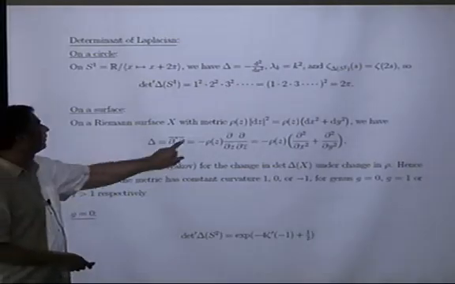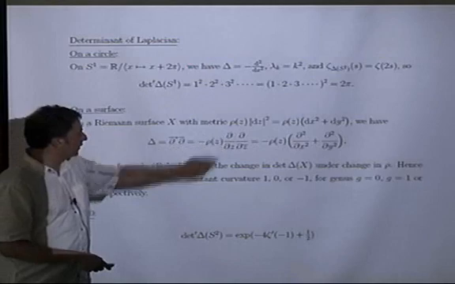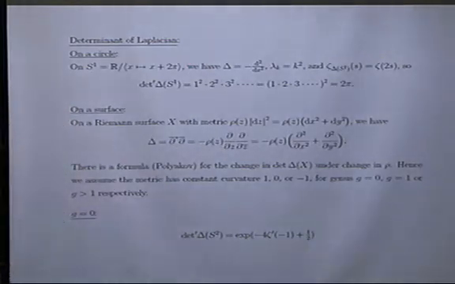So here, of course, the Laplacian I'm talking about is the Laplacian for the metric we're talking about. So for genus 0, it's the spherical metric, and in genus 1, it's the flat metric.